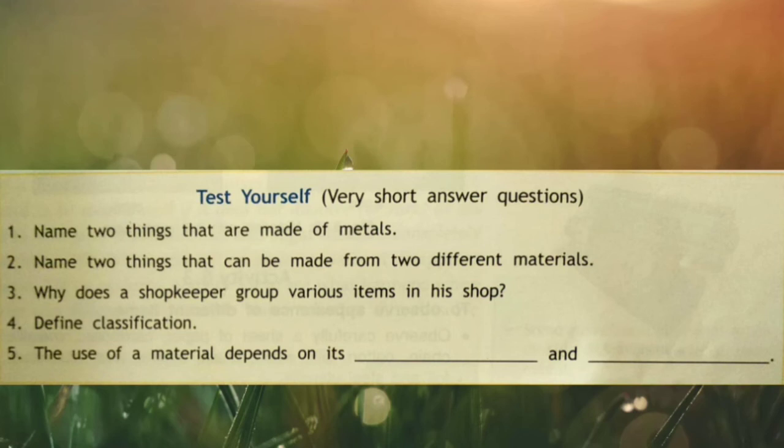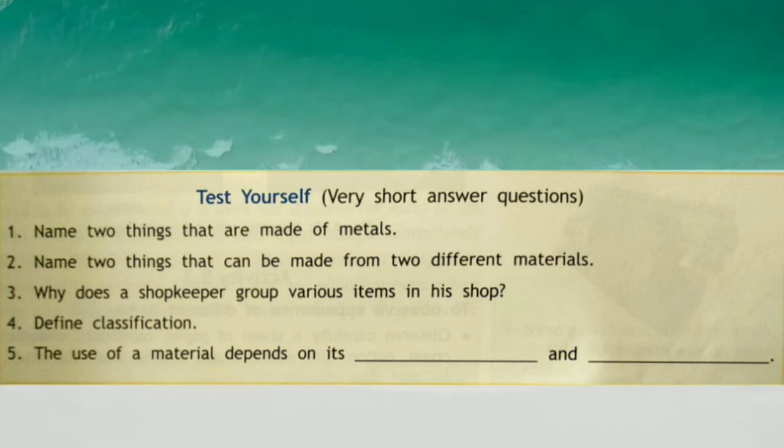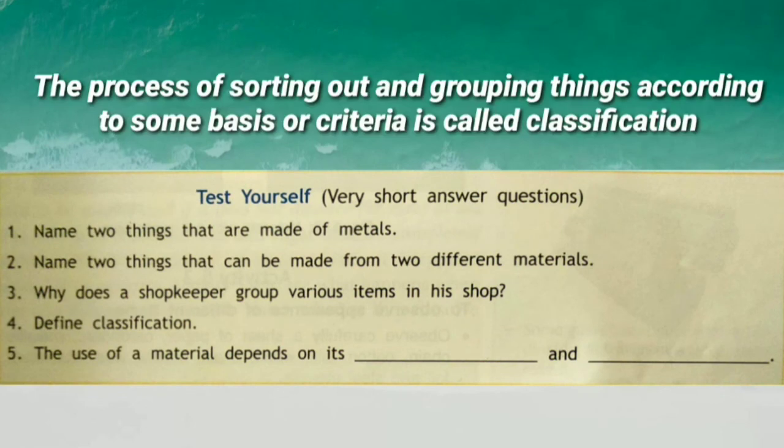Now, why does a shopkeeper group various items in his shop? For easy retrieval of things, so that we can easily get the things from where they are stored. Define classification. Classification is the process of sorting out and grouping things according to some basis or criteria.